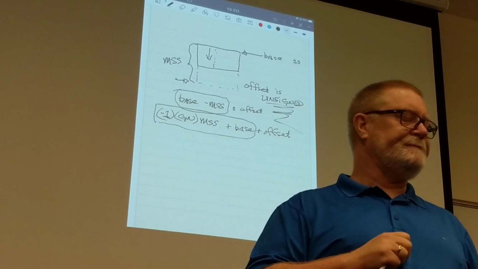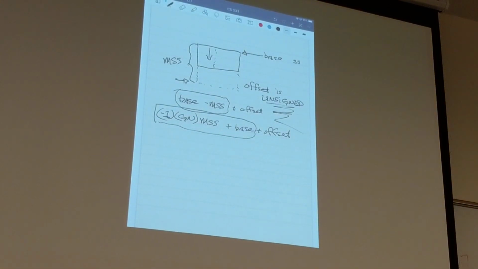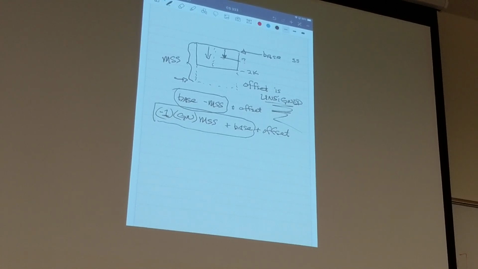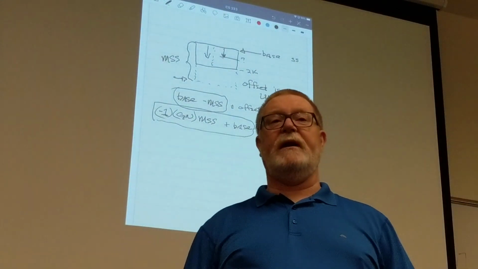Okay. Now, let's say that what we're currently using is 2K of our 4K. And I want to know what the address is halfway into the stack. What's that address right there? Now, we know how far it is into the stack, don't we?